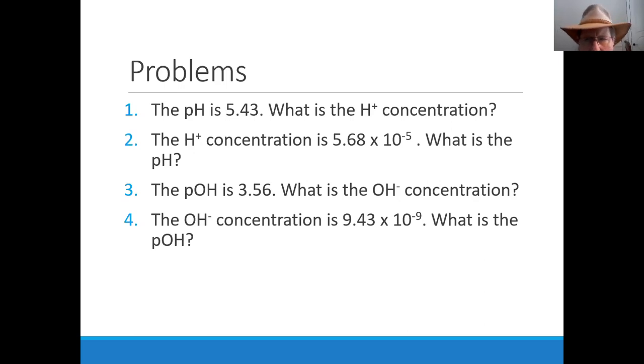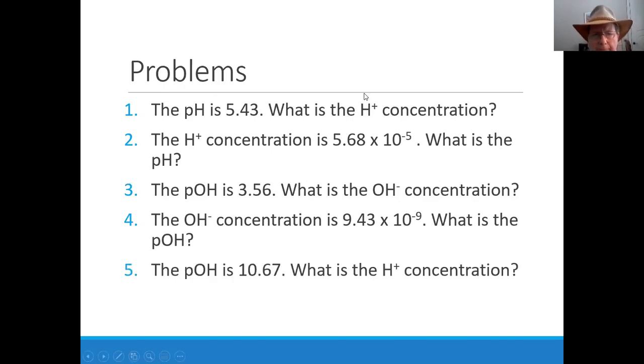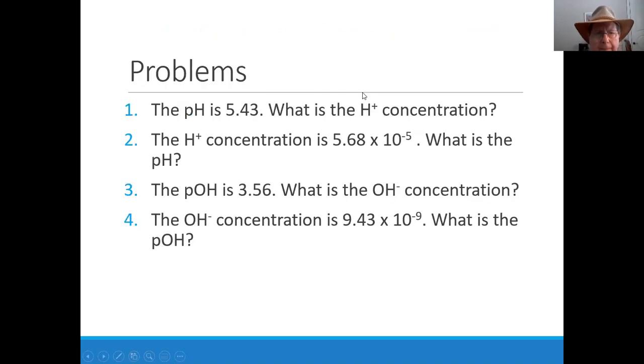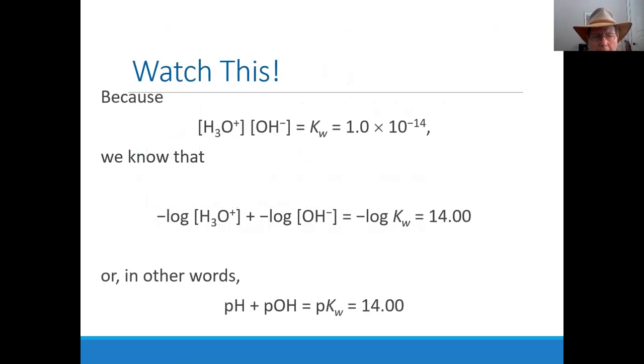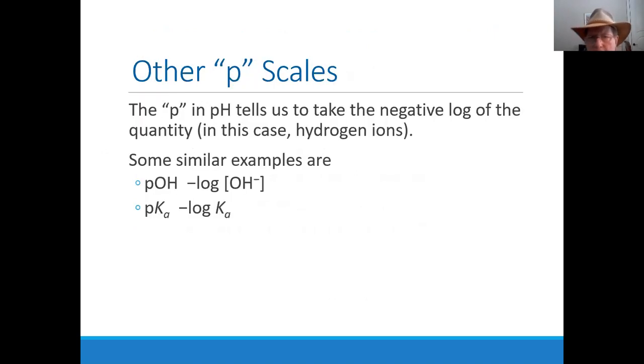Jenna, if your pH is 3.56, what is the OH concentration? Here, let me do the calculation. Professor, since it's the POH, are we still doing it the same way? Absolutely, because the P just tells you to take the negative log.